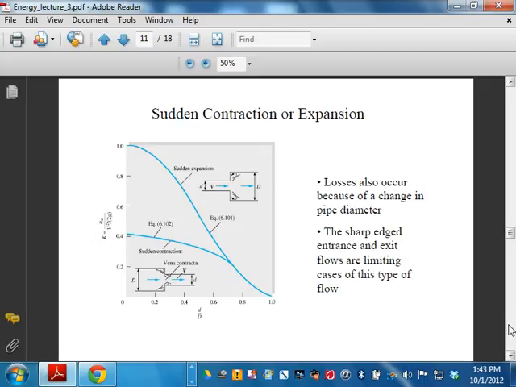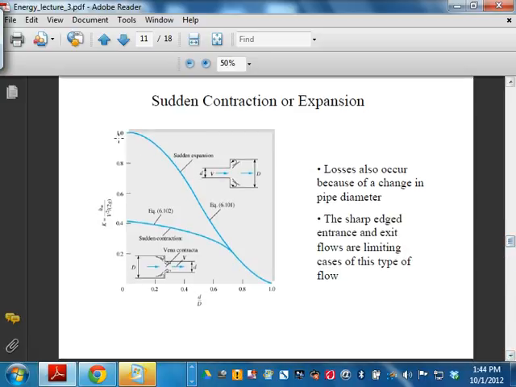Basically this is a plot of K versus d over D. Obviously the bigger the diameter ratio is, the bigger the difference between big D and small d, which means you go smaller here, you get a lot more losses. If d over D is 1, it's a straight pipe, there's no minor loss, that's why it's 0 here. And it goes up for the expansion and for the contraction. This is KL.